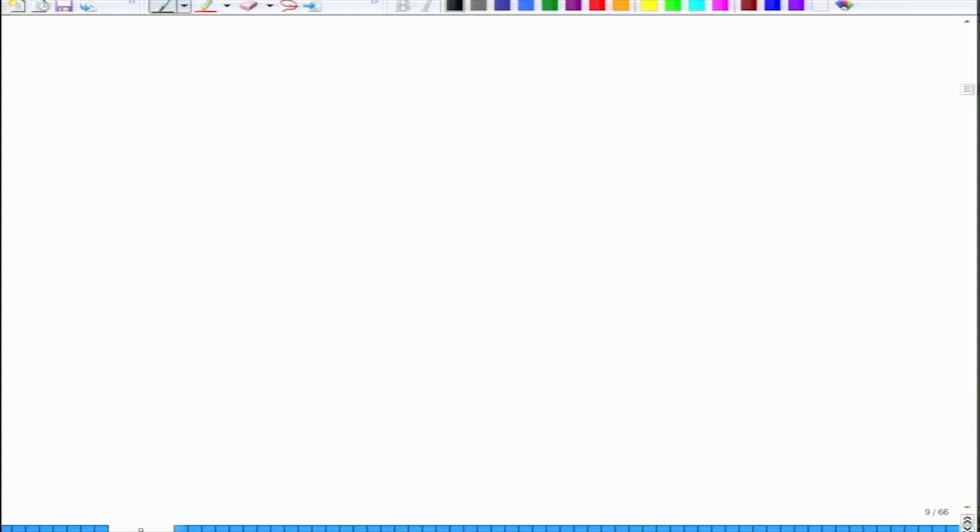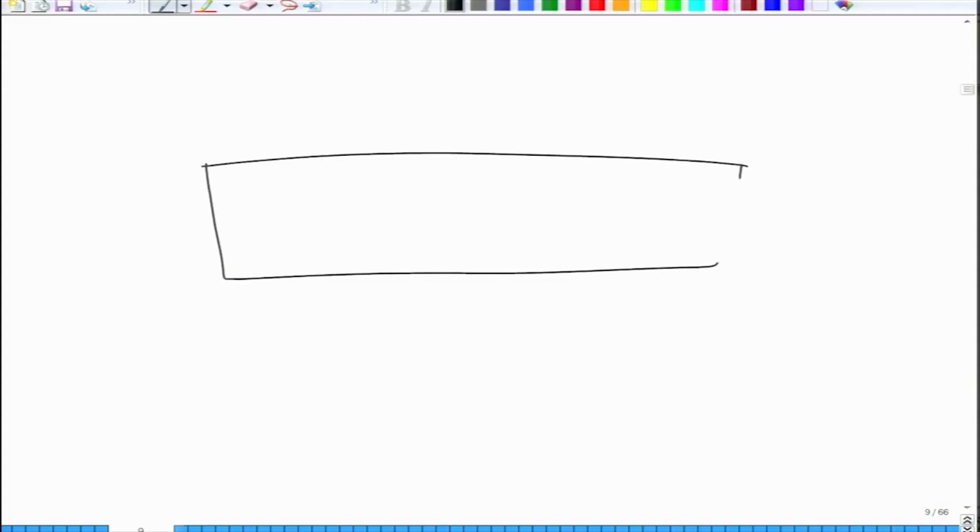So, once you make these single crystal ingots, they are like this. They are of diameter about 200 to 300 millimeter, and they are quite tall. They could be, I think, about a meter long or so.